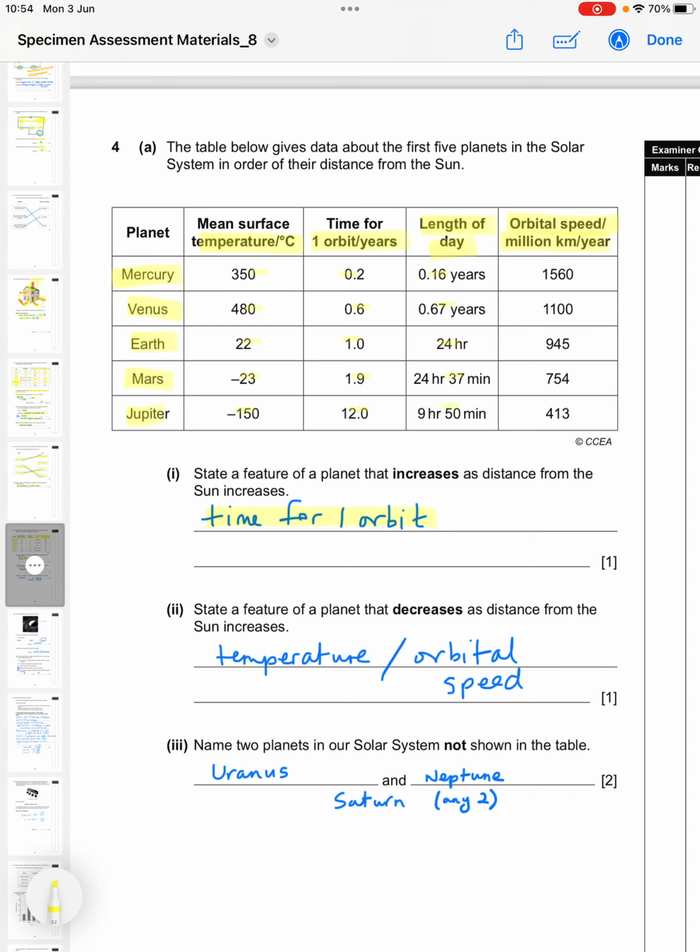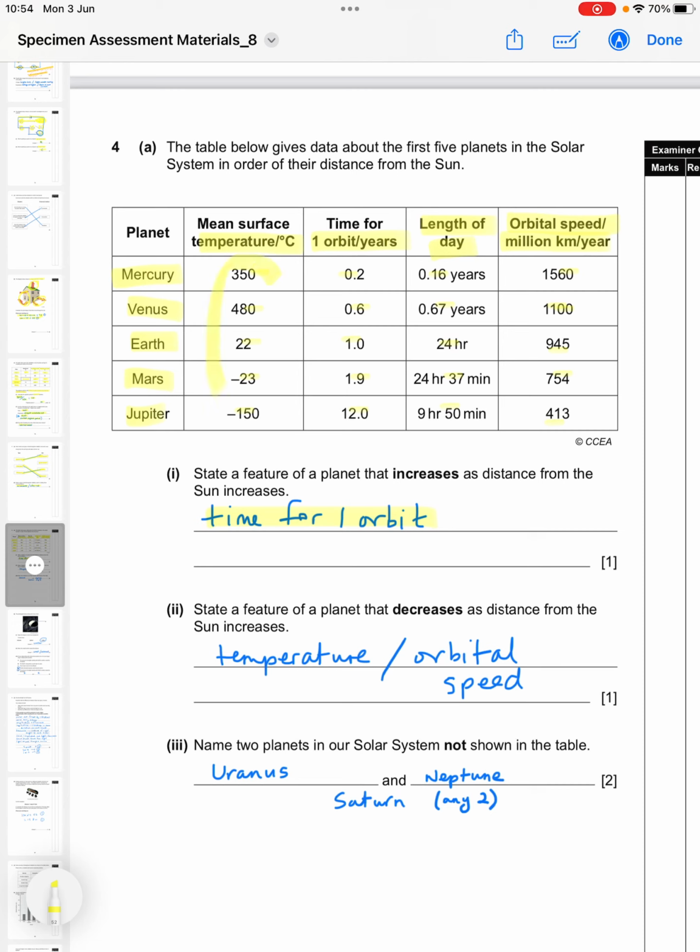And then the orbital speed, you can see that as you go further from the Sun here, the orbital speed is decreasing. So Mercury is 1,560 million kilometres per year, where Jupiter is only 413. So then state a feature of the planet that decreases as distance from the Sun increases.